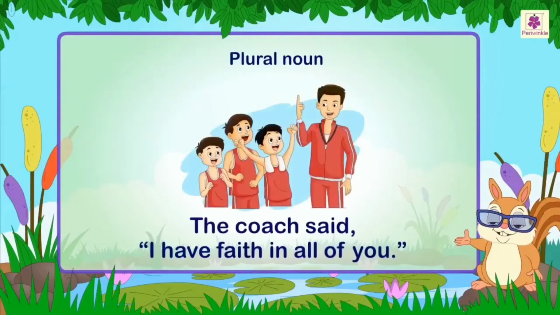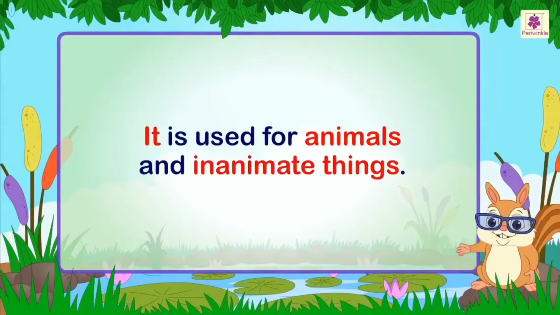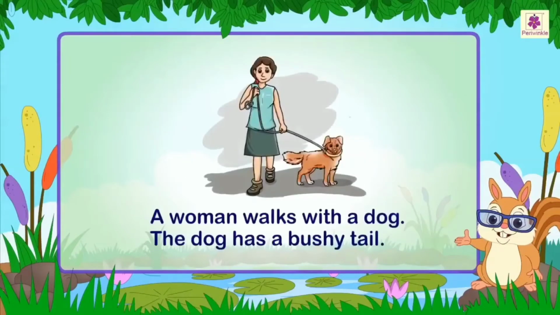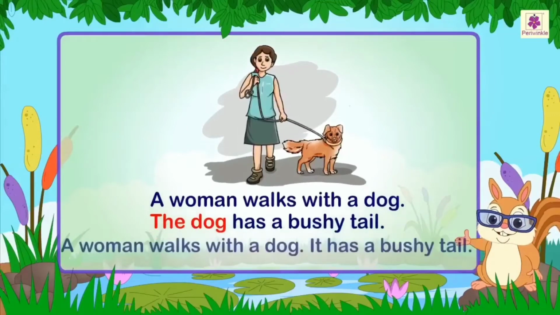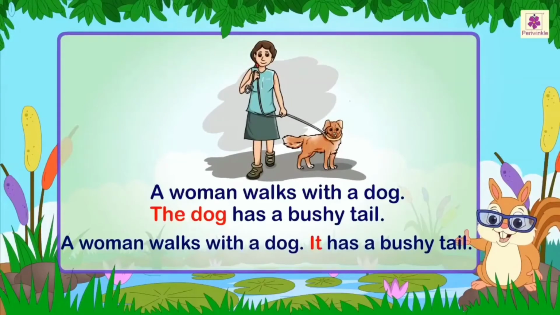The coach said, "I have faith in all of you." It is used for animals and inanimate things. For example, a woman walks with a dog. The dog has a bushy tail. A woman walks with a dog. It has a bushy tail.